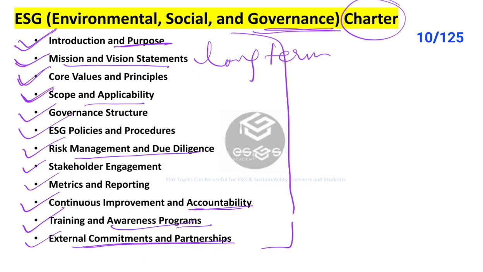So by encompassing these components, an ESG charter serves as a foundational document that is guiding the organizational ESG strategy, its implementation and the performance evaluation, while also demonstrating its commitment to sustainability and responsible business practices to internal and external stakeholders.